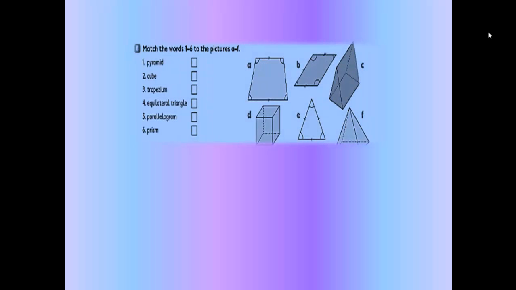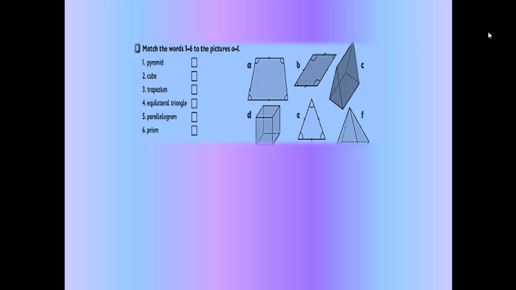Now let's do the following exercise. Exercise number B. Match the words from 1 to 6 to the pictures relating to them, A to F. Here we have on the right 6 shapes, some of them are 2D shapes and others are 3D shapes.